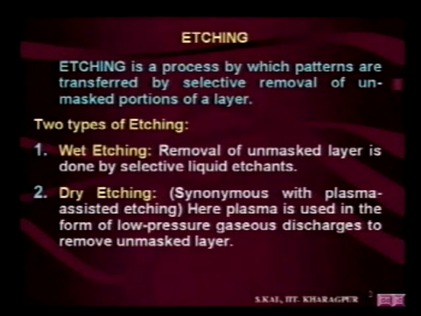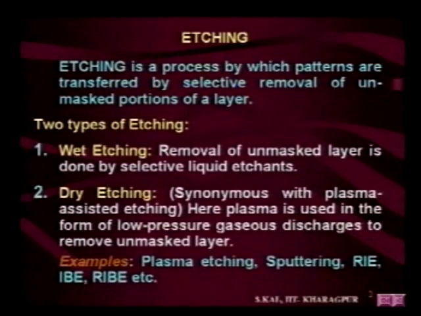The main difference between wet etching and dry etching is that the etch medium in wet etching is a liquid, but the etch medium in the dry etching process is a plasma. Examples of dry etching are plasma etching, sputtering, RIE, which is known as reactive ion etching, IBE, which is ion beam etching, and RIBE, reactive ion beam etching.